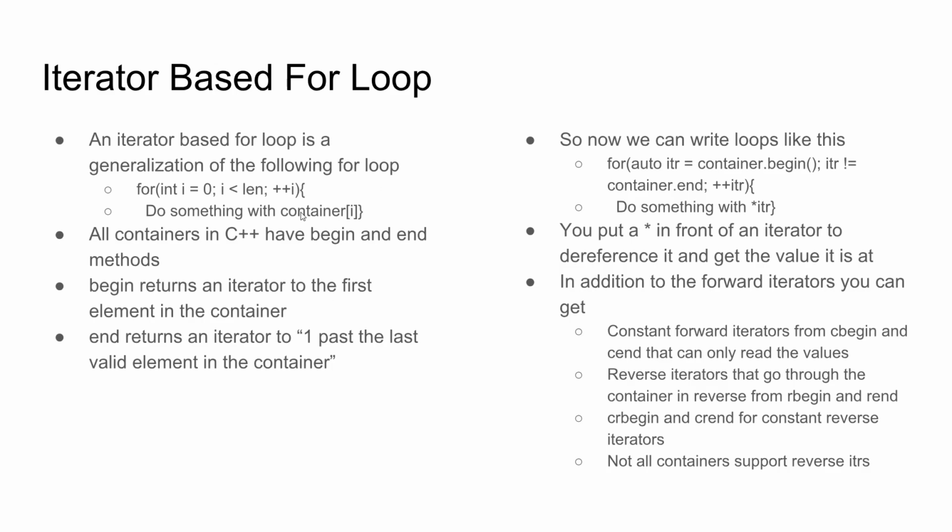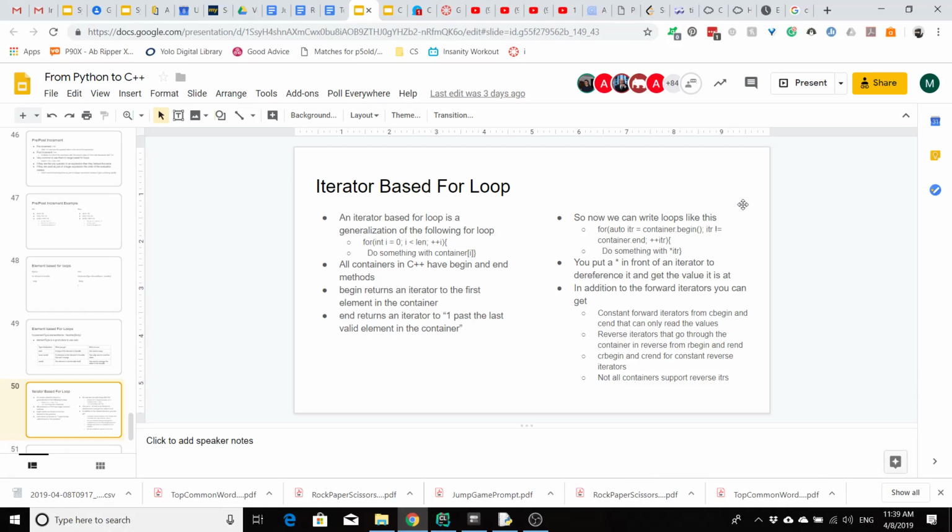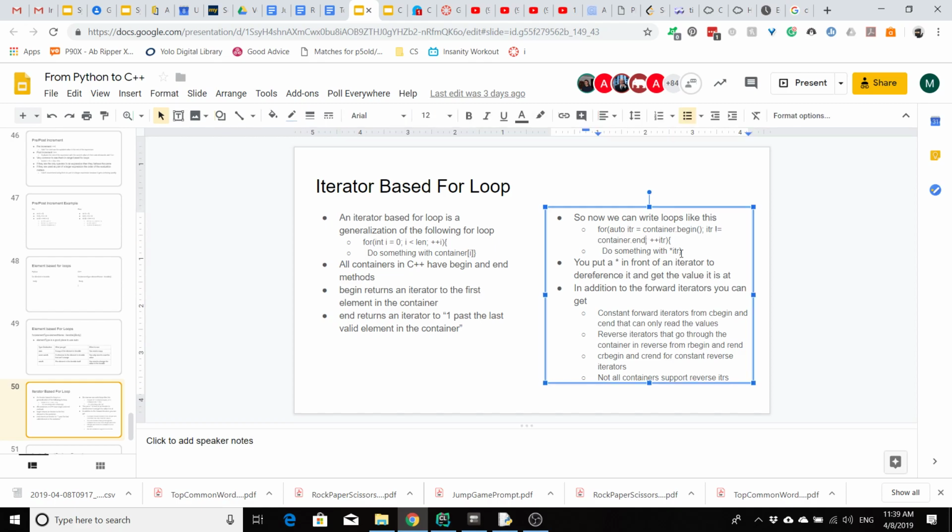It is kind of a generalization of this for loop: for i equals 0, i less than len, do something with the element at i. The iterator is going to hold basically a reference, sort of, to the current element that it's on. So this for loop over here is going to become auto iter equals container.begin(); iter doesn't equal container.end(), which should have some parentheses there; plus plus iter.